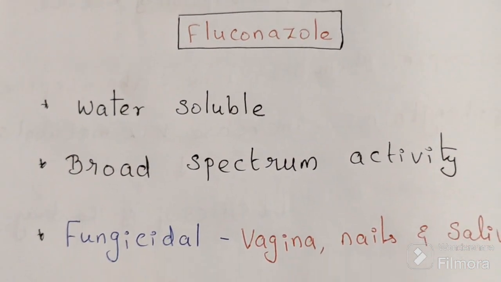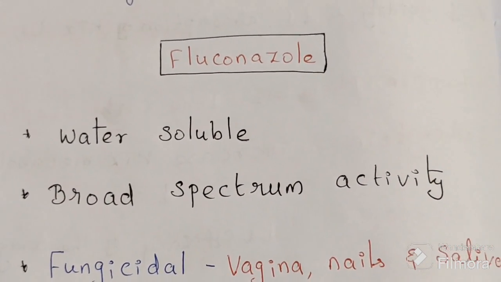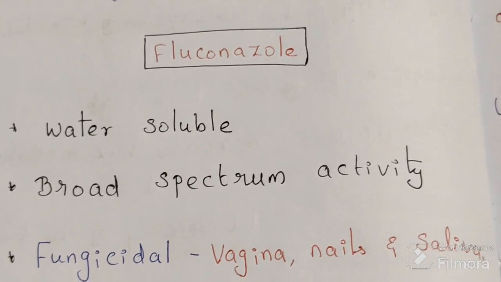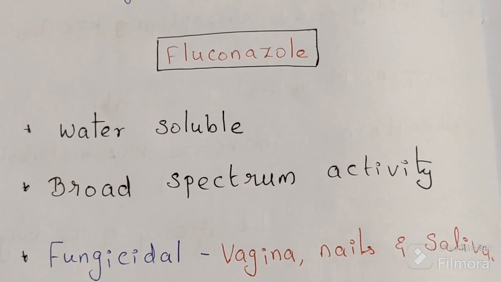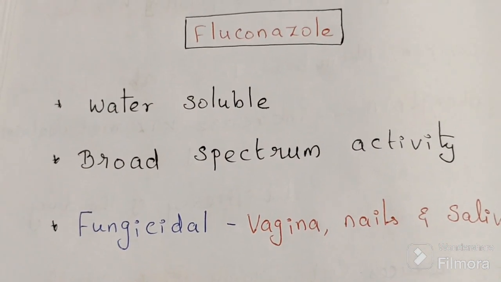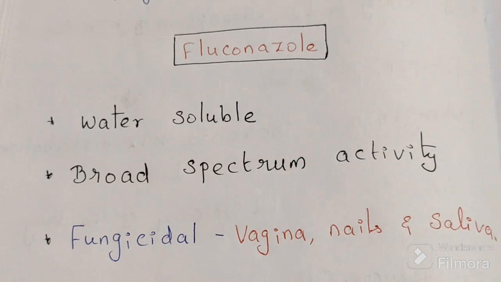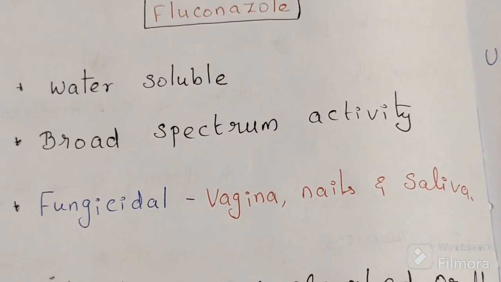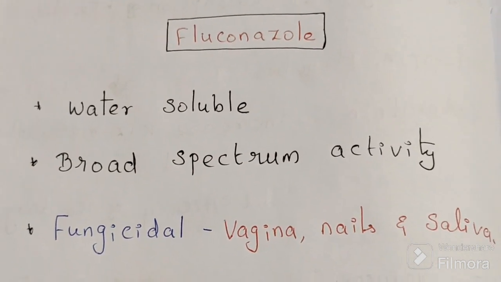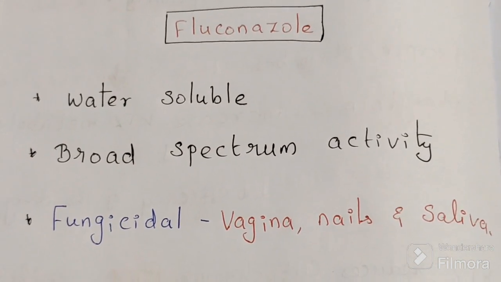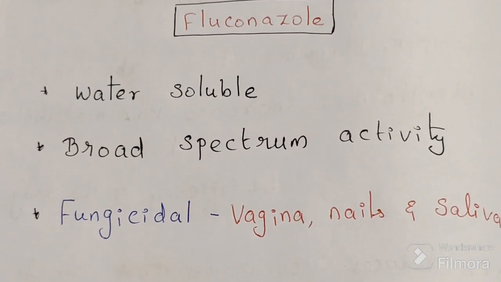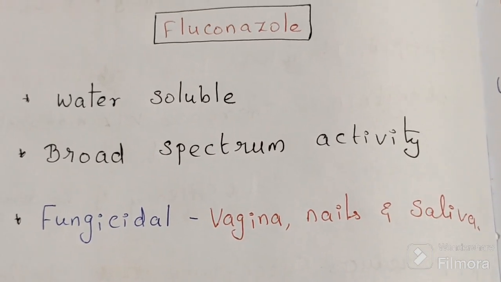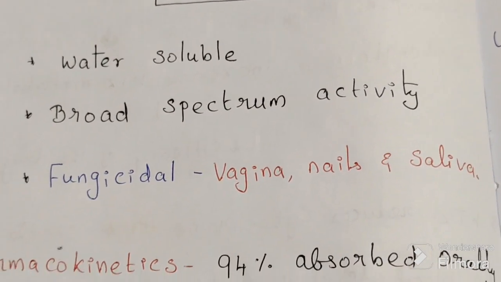It is a water soluble drug which has a broad spectrum of activity, and it is fungicidal. It is active and shows good results in the vagina, nails, and saliva.